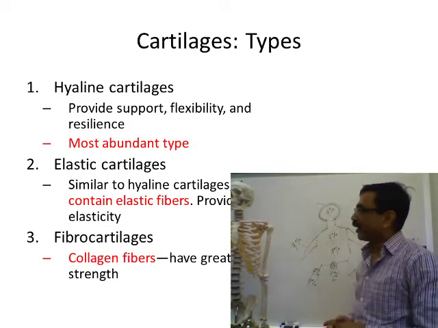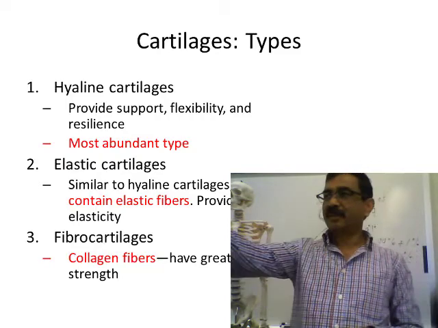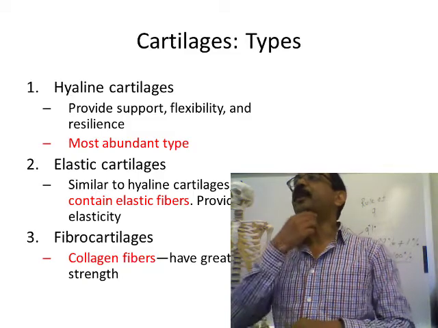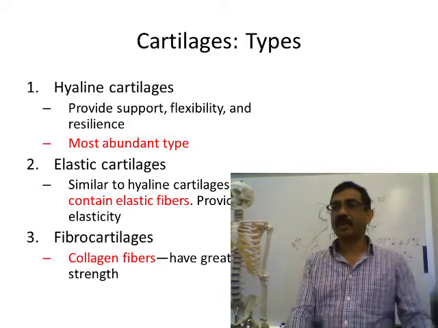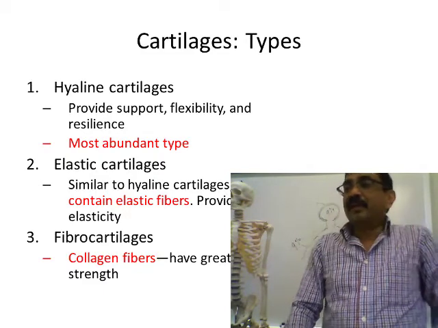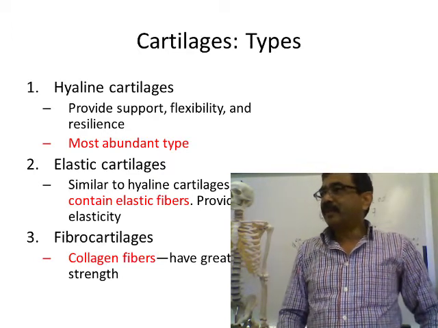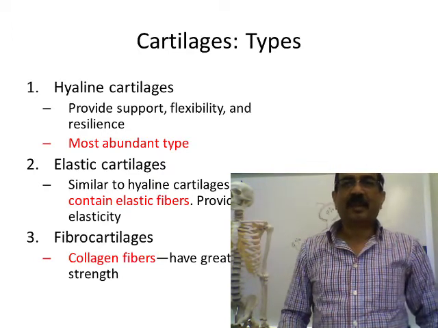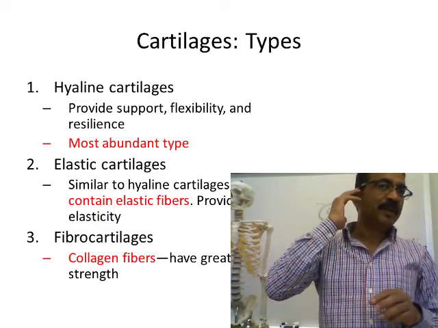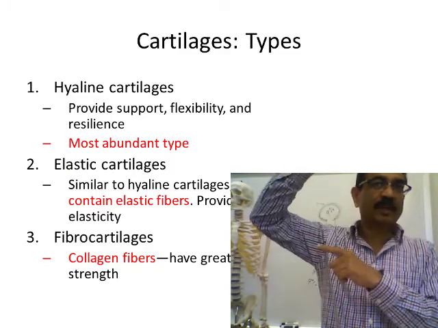Elastic cartilage has a lot of elastic fibers. Elastic cartilage contains elastic fibers, and this type of cartilage has elasticity, the ability to change shape, and when you apply pressure you can change the shape, but when you release the pressure it will go back to its actual shape.